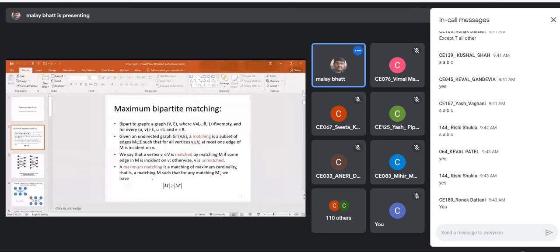A bipartite graph has a set of nodes V and a set of edges E, where we partition the set of nodes V into two, L and R, where L union R is equivalent to V and L intersection R is always empty. And for every (u, v) belonging to E, u belongs to L and v belongs to R.